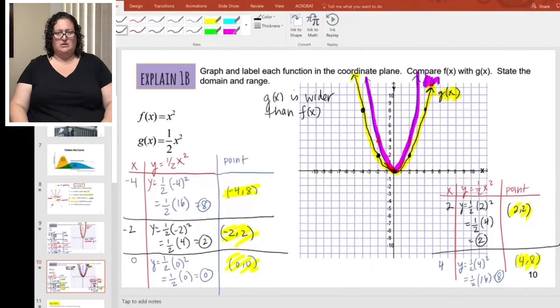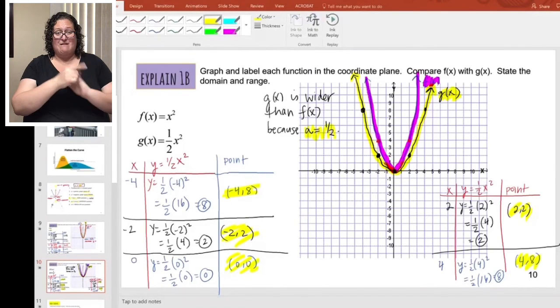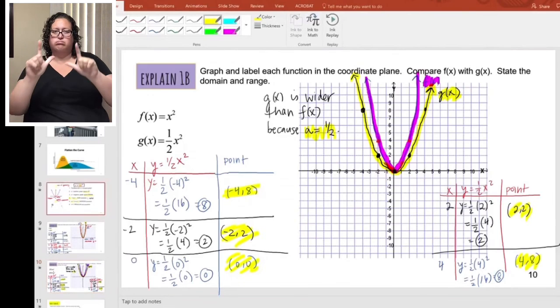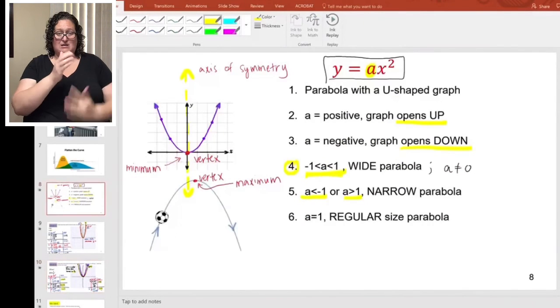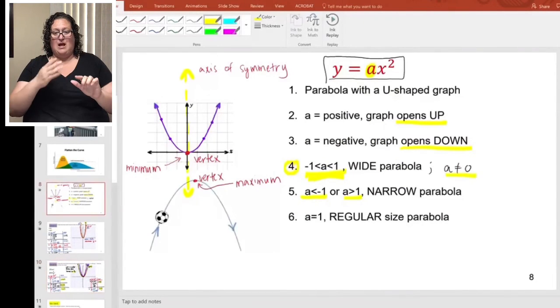So g of x is wider than f of x because a is 1/2. Remember what we talked about earlier? If a is between -1 to 1. So let me pull up that slide. If a is between -1 to 1 and is not 0, then you'll end up with a wide parabola.